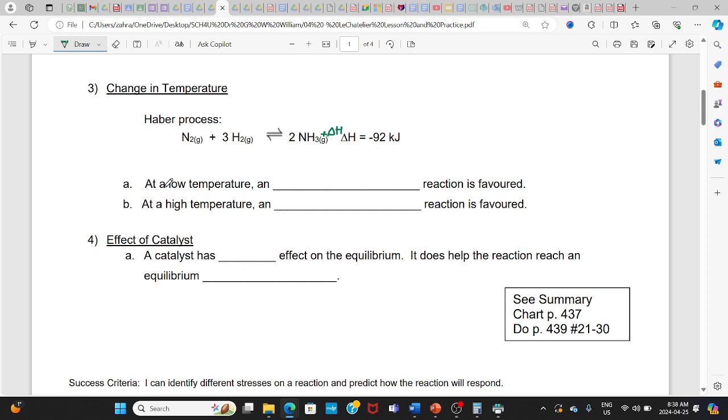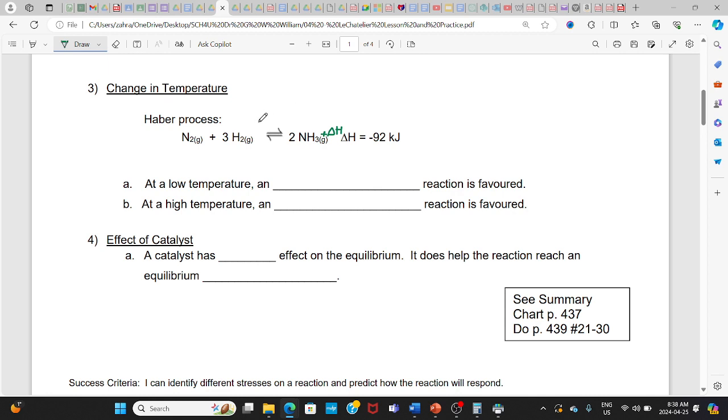Now, at low temperature, do you think this will be shifted forward or backward? At low temperature, nature doesn't like it, right? Because you lower the temperature, so you have to go forward or backward.